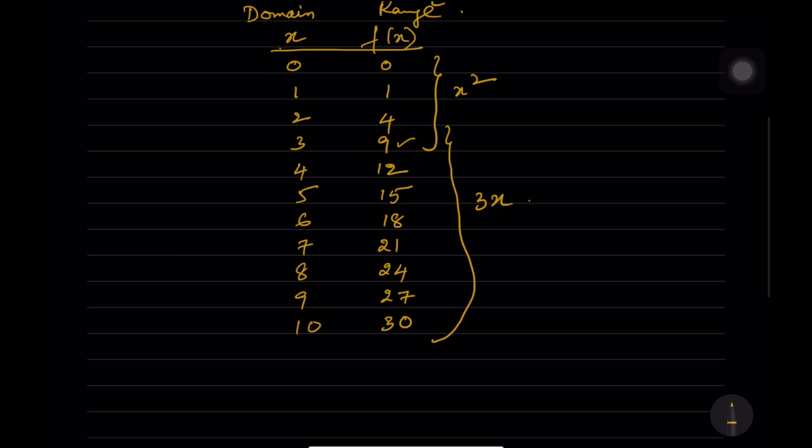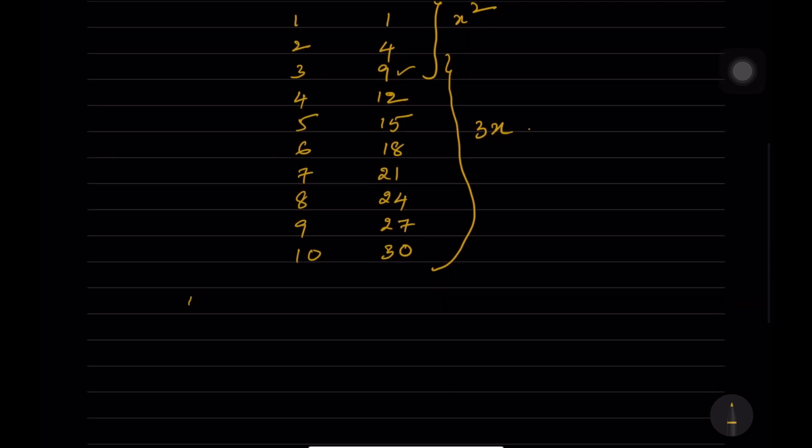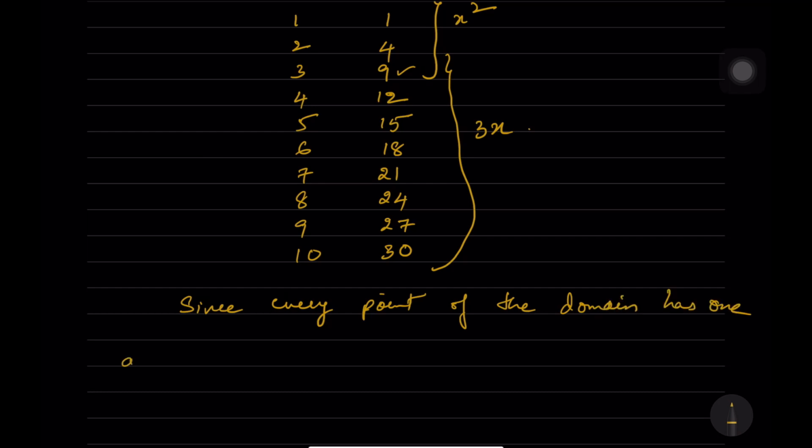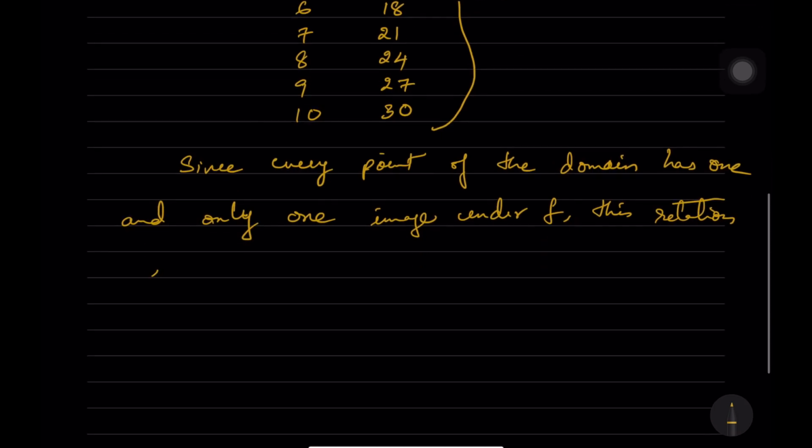It is very clear that since every point of the domain has one and only one image under f, this relation is a function.